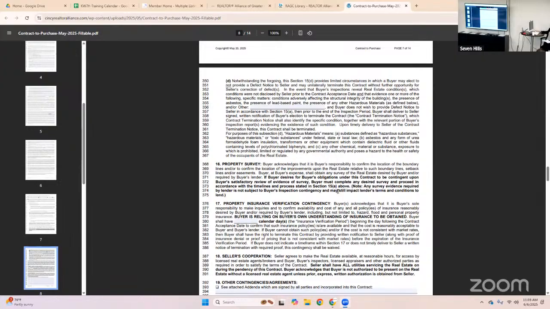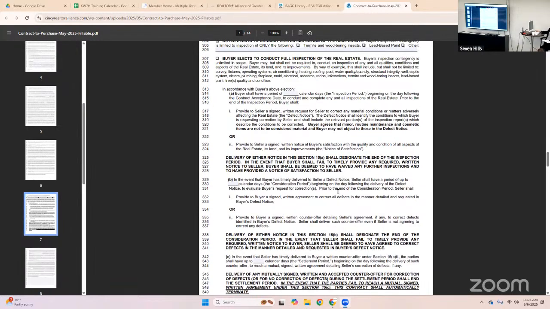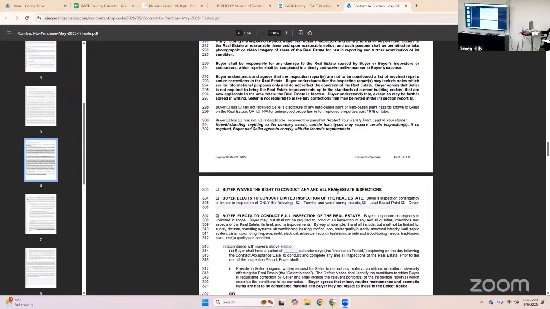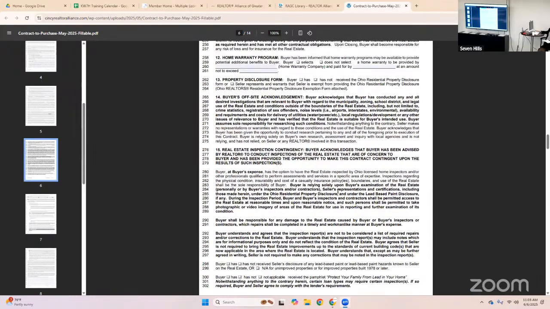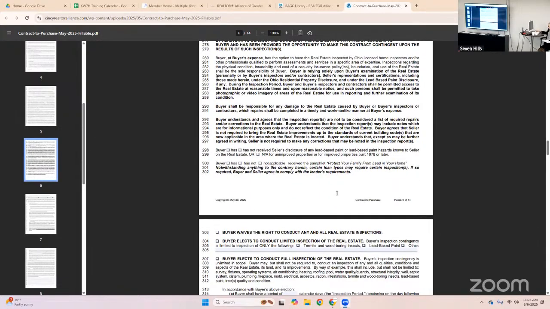So if we go up to 15A, having trouble finding 15A.